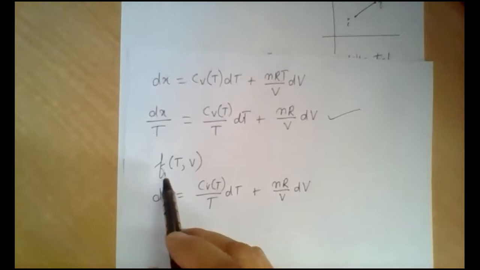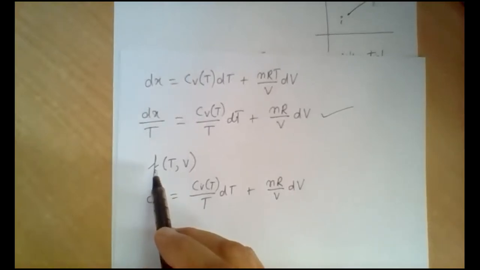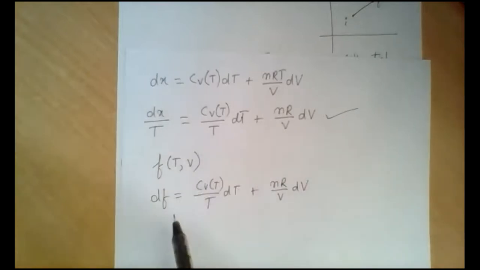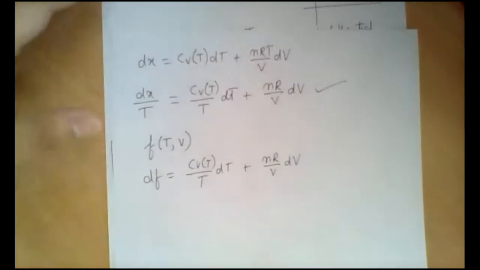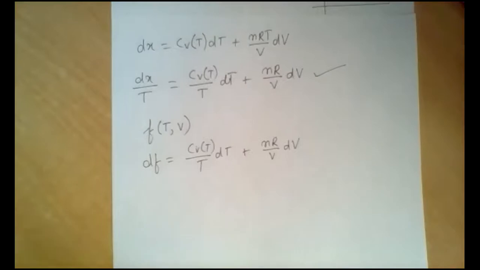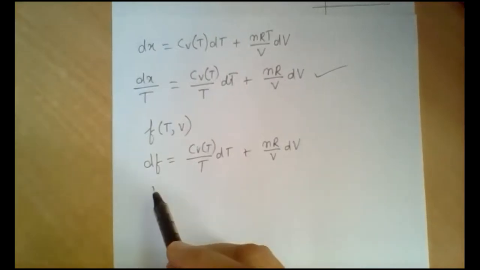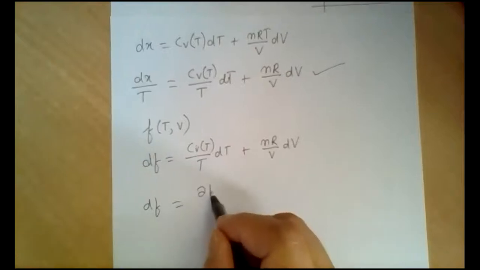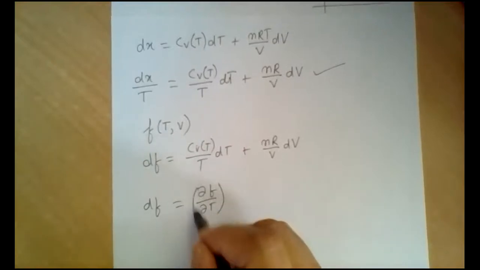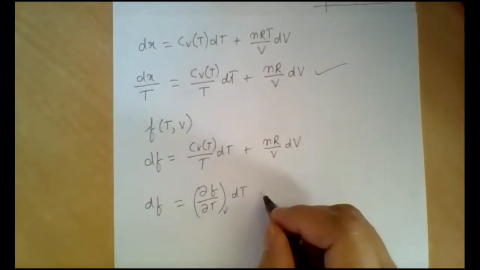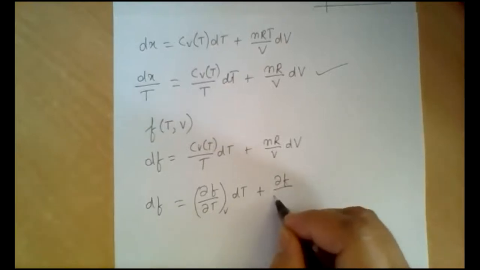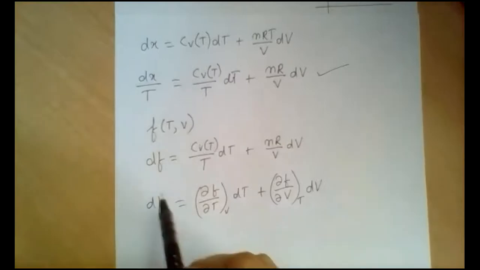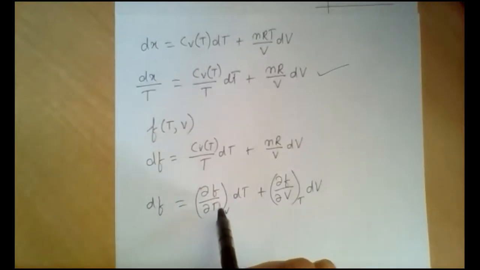Let us assume that a function F exists whose differential is given by this expression. If dF is an exact differential, it should be expressible as del F by del T at constant volume dT plus del F by del V at constant temperature dV.